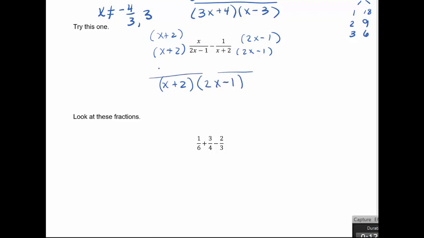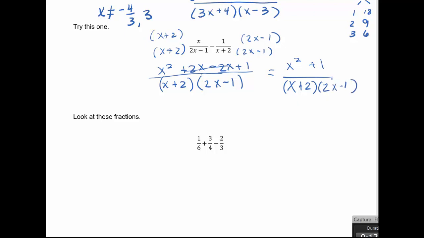Across the top, x times x is x squared. X times 2 is 2x minus 2x plus 1. This middle would cancel, leaving you x squared plus 1 over x plus 2 times 2x minus 1.